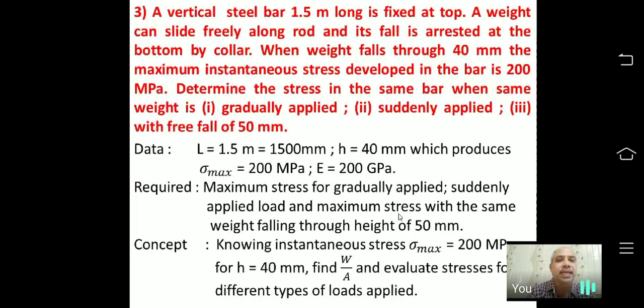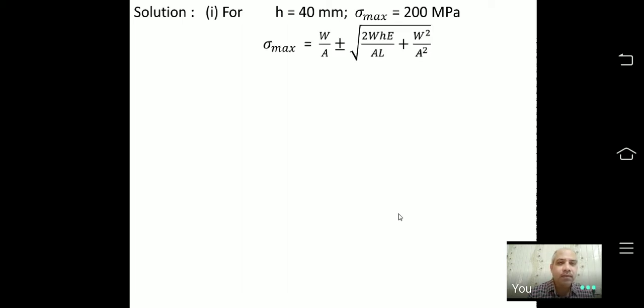Now knowing that instantaneous stress is given, sigma max equal to 200 MPa. Now when we have to find gradually applied load, that means we have to find W by A. W is weight, which is force upon area. Now we have equation, that equation we know, we have sigma equal to W by A, 1 plus minus under root of 1 plus 2H E W upon A L plus W square upon A square.